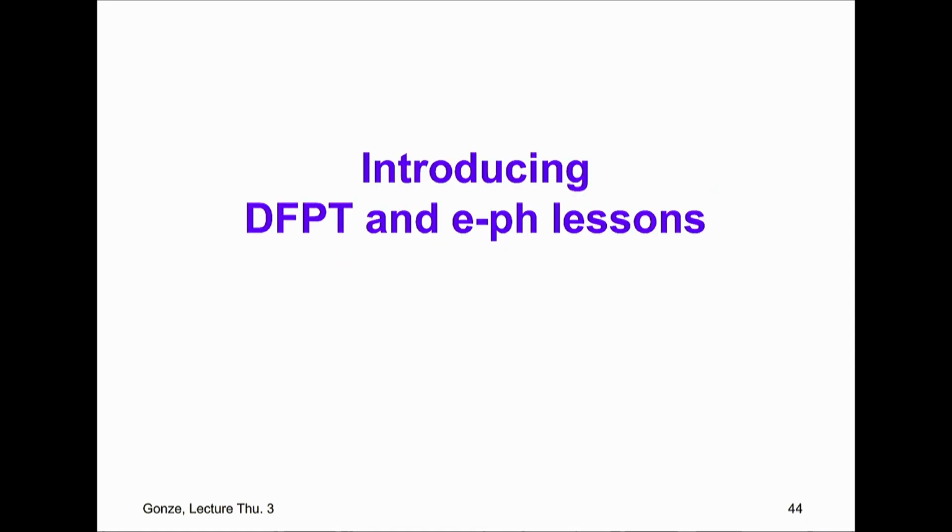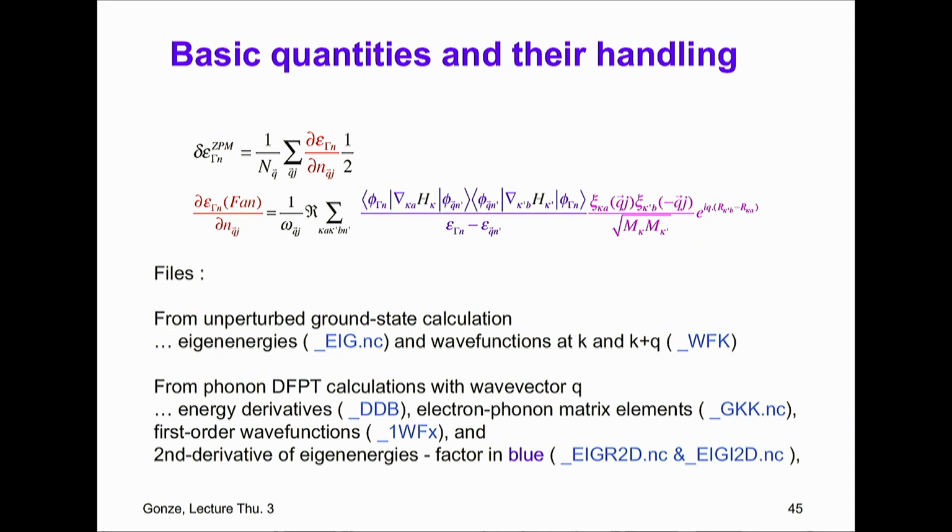So introducing now the DFPT and electron-phonon lesson specifically. I have shown you this equation, the zero-point motion change in eigenenergy that is coming from the electron-phonon coupling energy, and I have suppressed the Bose-Einstein factor here and simply kept the 1/2 that corresponds to temperature equal to 0.